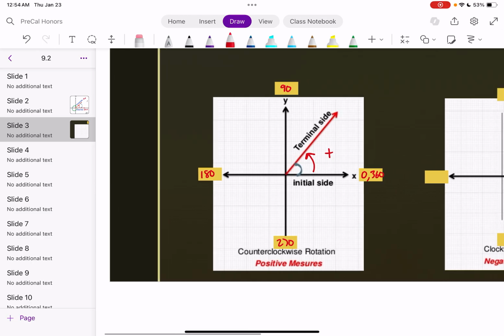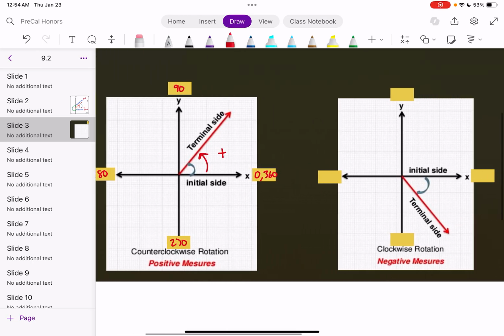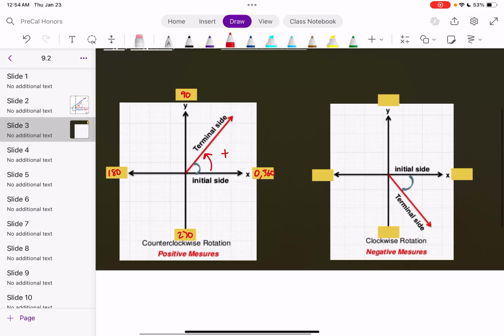Now, this is different than a negative measure, in which, yes, your initial side is still 0, but as we begin to go down towards quadrant 4, this would be a negative 90 degrees, negative 180, negative 270, and once again, negative 360.